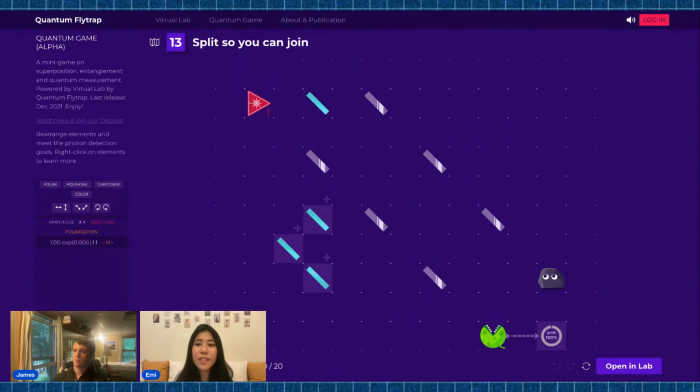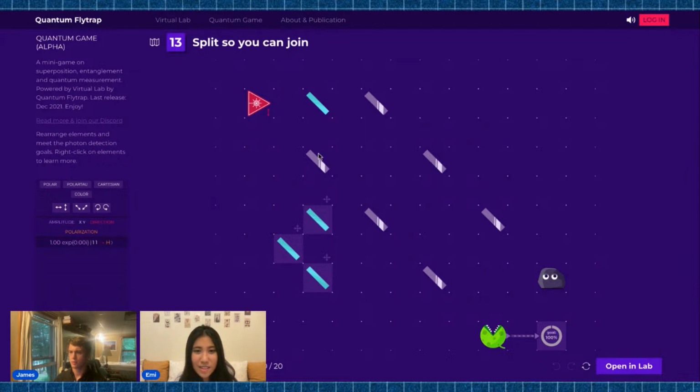Split so you can join. Okay, interesting. We want to get 100% of the light into this detector. Oh, wow. All right. Let's see what it does without any help. All right, so half of it, some of it hits the rock. Yeah. We don't need it to hit the rock.